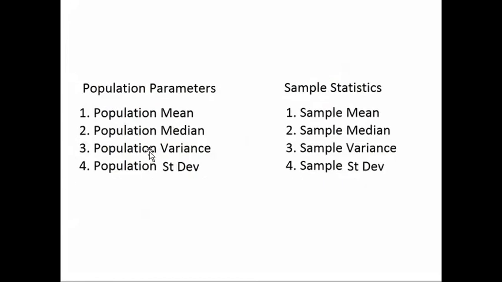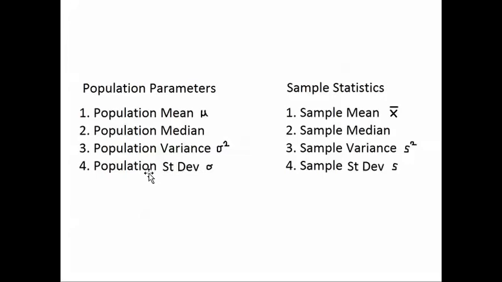Now let's end the video by looking at some of the symbols that are used for common population parameters and for some common sample statistics. The symbol for population mean is the Greek letter mu, which looks like the letter U. The symbol for a population variance is the Greek letter sigma, which looks like an O, with this exponent at the end, and it's called sigma squared.